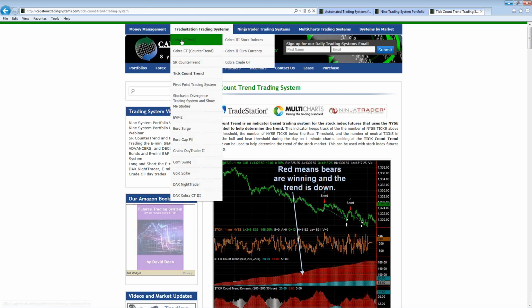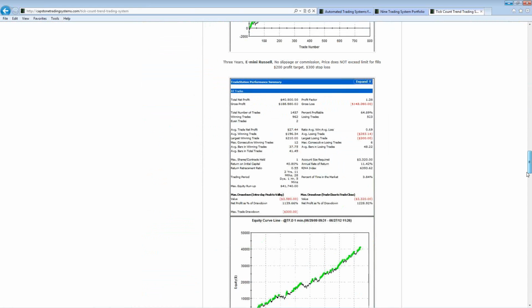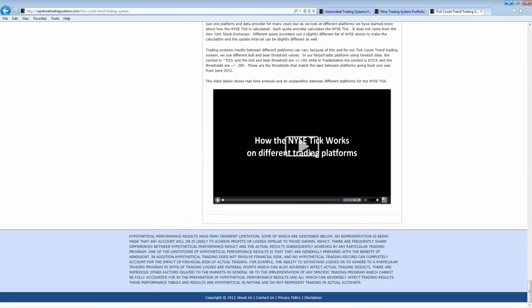It's under trading systems, tick count trend, and it shows you a video of the New York Stock Exchange tick on different platforms. I didn't know this until the past year or so, but different platforms calculate the NYSE tick based on their data feed of all NYSE symbols. It's not a symbol that comes from the NYSE. So if you're looking at the NYSE tick or the advancers or decliners, Kinetick, IQFeed, and TradeStation may all have slightly different numbers. The futures aren't different, but the market internals like NYSE tick, advancers and decliners might be. So that's why.